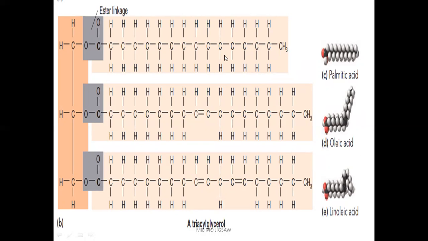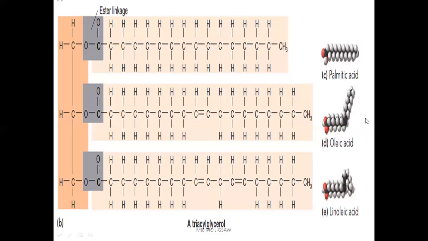These are different acids reacting with the glycerol to produce this triacylglycerol molecule. Now, when we look at the palmitic acid, it's a saturated fat acid. As you can see, there's no double bond between any two carbons. This is a saturated fat acid.